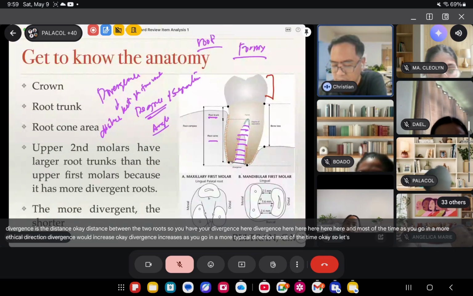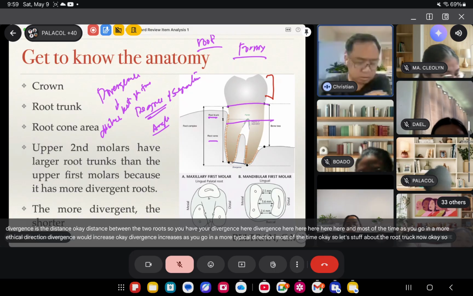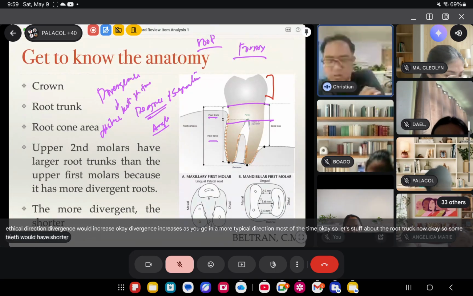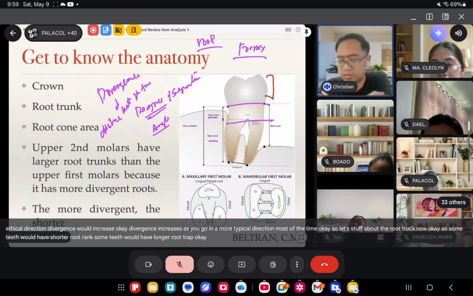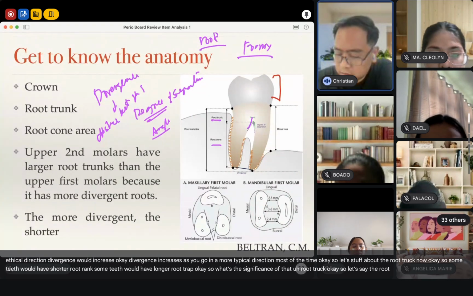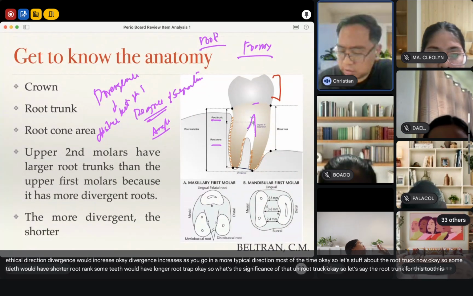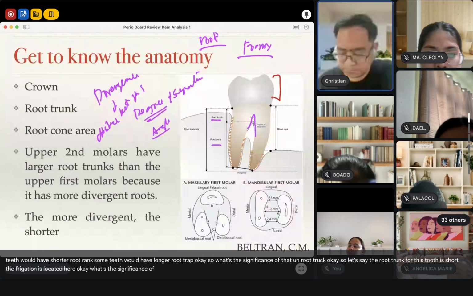So let's talk about the root trunk now. Some teeth would have a short trunk, some teeth would have a longer root trunk. So what's the significance of that root trunk? Let's say the root trunk for this tooth is short. Ganito lang siya. The furcation is located here. What's the significance of that?